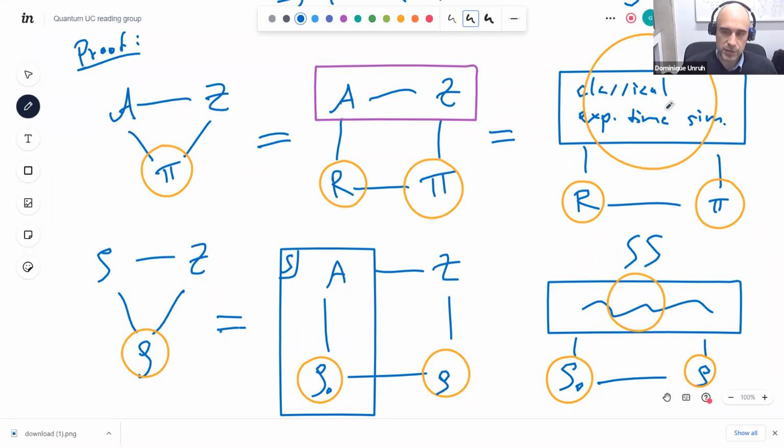The same theorem also works, which is something that came up in the last seminar.